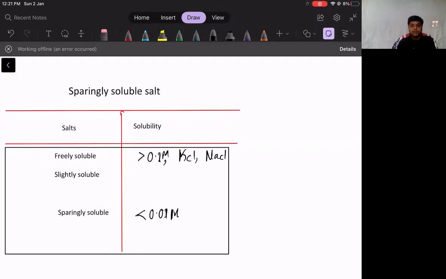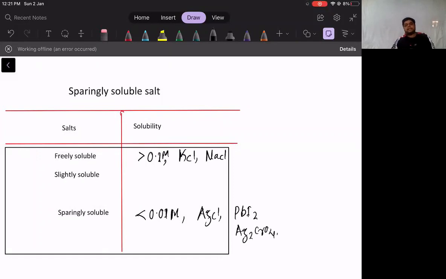Means only even lesser than 0.01 mole of the substance per liter of the solution can be dissolved. So obviously these salts are very less soluble. In this category, we do have AgCl, PbI2, Ag2CrO4 like this.